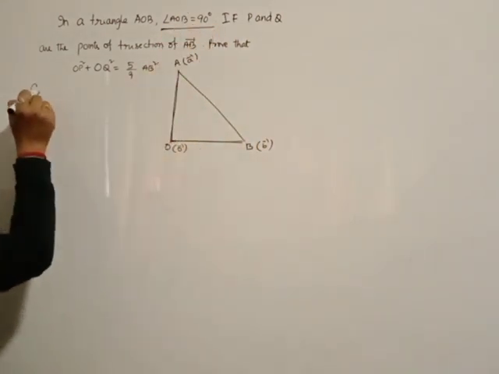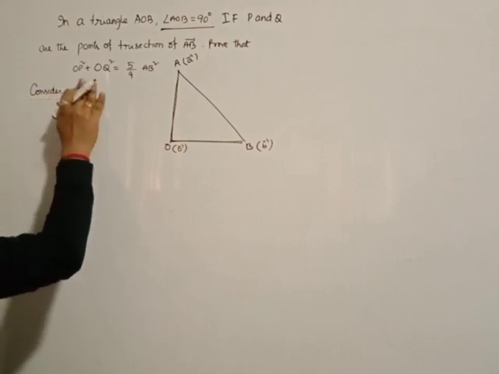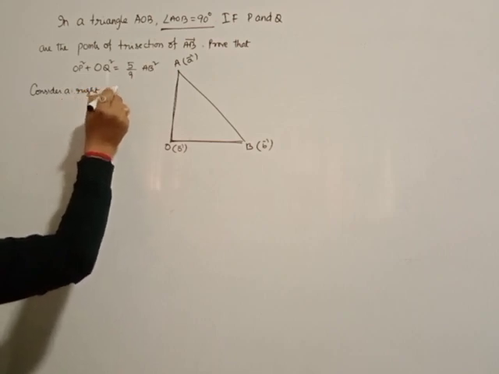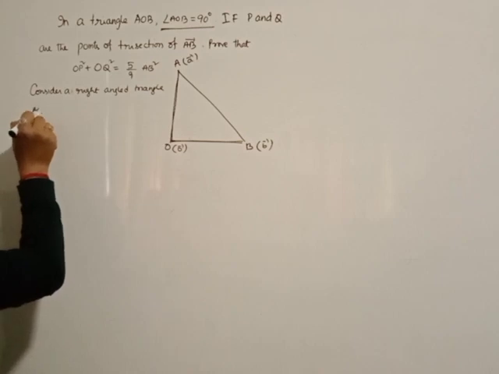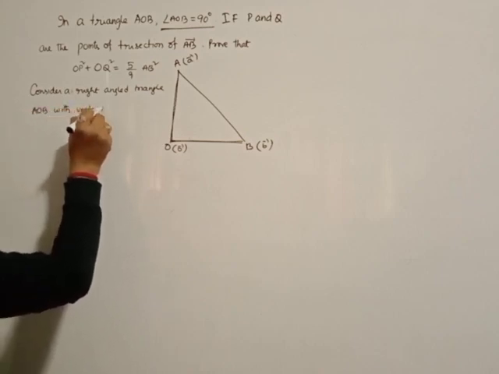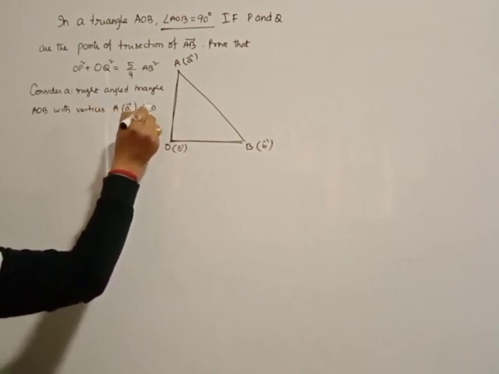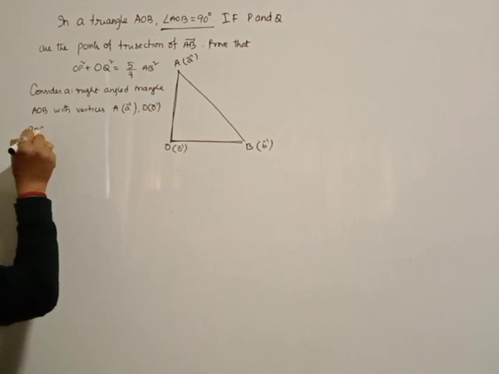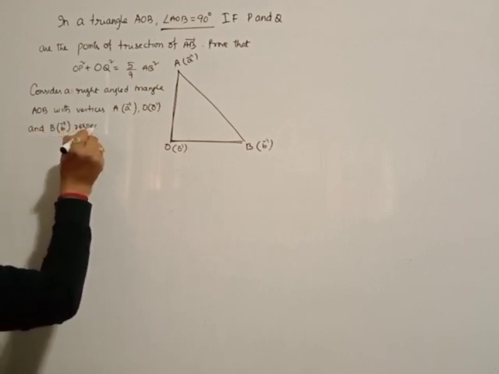So this is the triangle I have taken because the angle is given as 90 degrees. Consider a right angled triangle AOB with vertices A of A bar, O of O bar and B of B bar respectively.